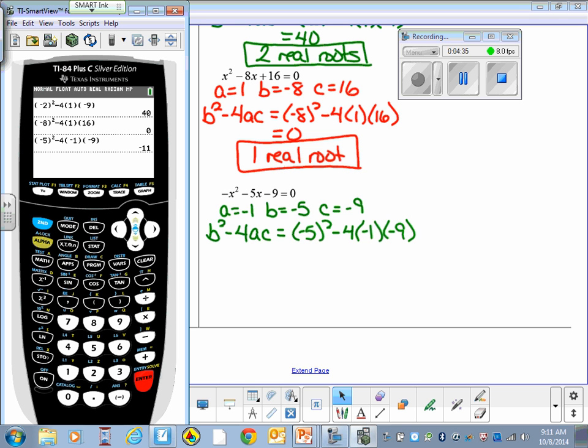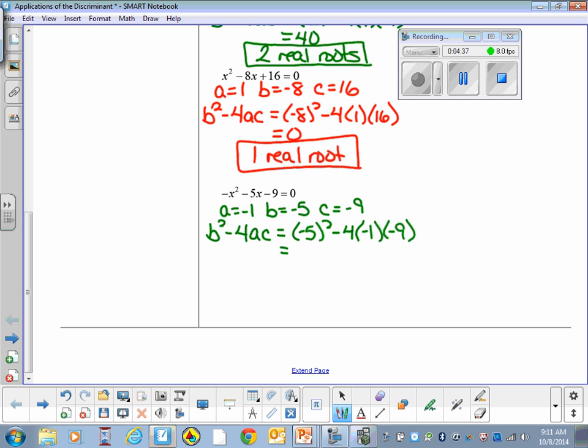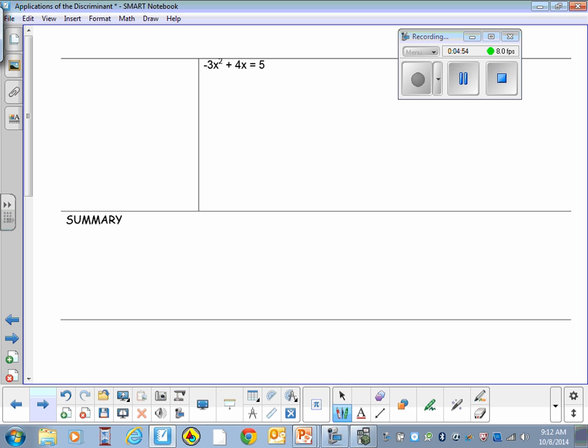Negative 11. No real roots. Remember, in the quadratic formula, this would be under the radical sign, and we can't take the square root of a negative number. So this never crosses the x-axis.